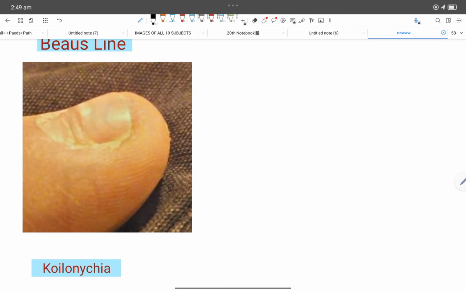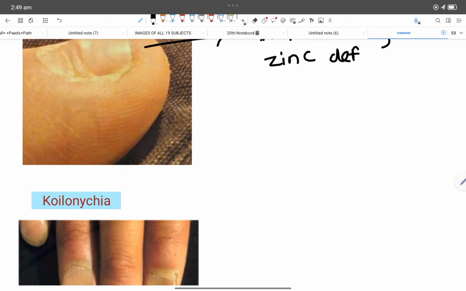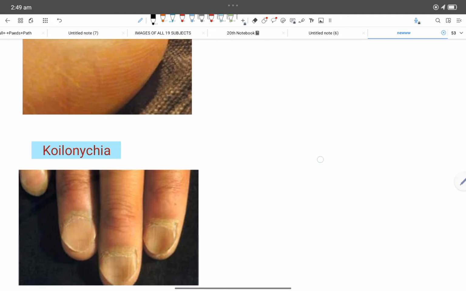This is Beau's line. Beau's line is generally seen in psoriasis patients, Raynaud phenomenon, and zinc deficiency. These three are must-know examples for Beau's line.